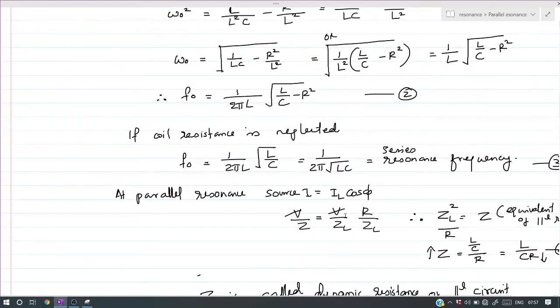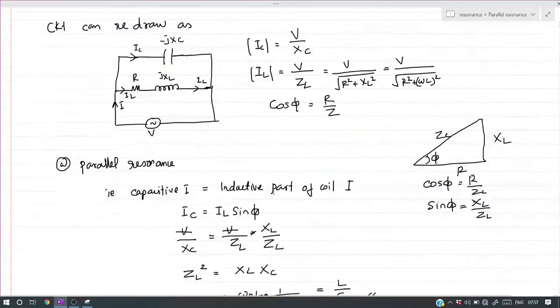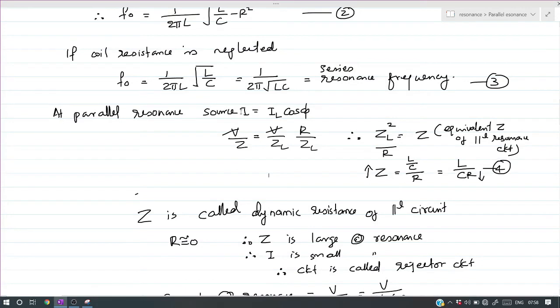Again, let's see another derivation. Under parallel resonance, this component and this component will get cancelled, so the only component remaining is IL cos phi. So source current is equal to IL cos phi. So what is source current? Source current is equal to voltage divided by net impedance, the equivalent impedance.